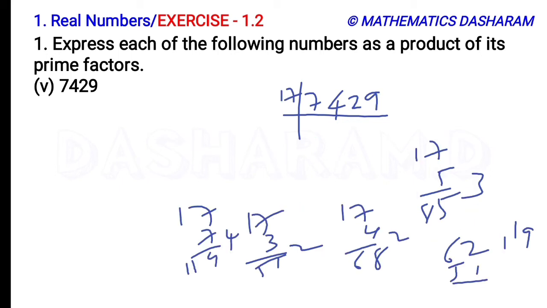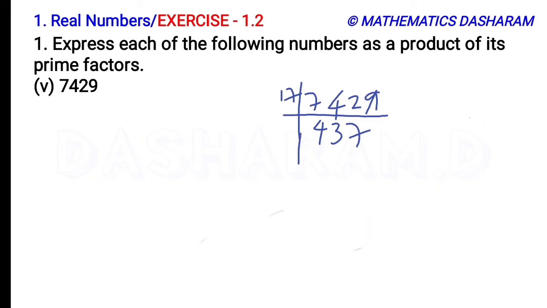So 17 table, 17 fours are 68, remainder 6, next digit 2, 17 threes are 51, remainder 11, and next digit 9, 17 sevens are 119.